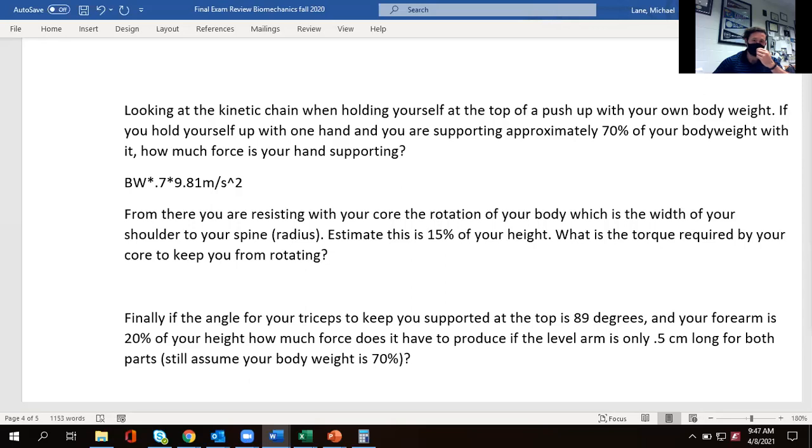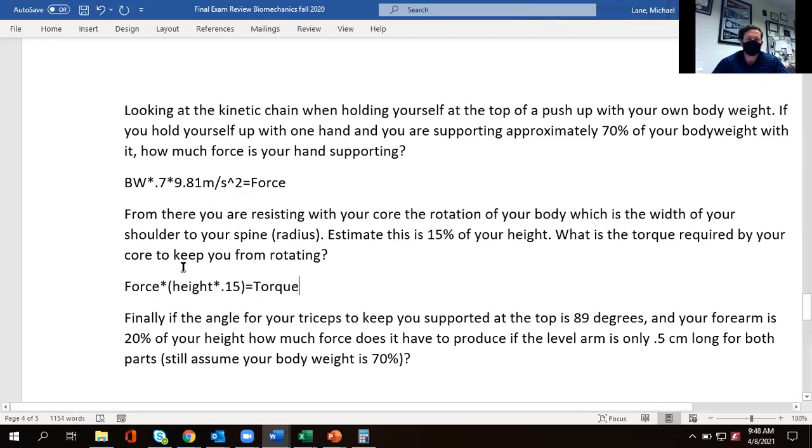So effectively, all we needed to do is take the force from above, and we're going to multiply that by your height times 0.15, 15%, equals the torque required right here.